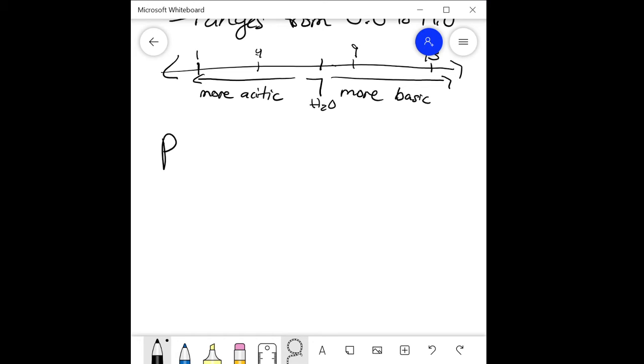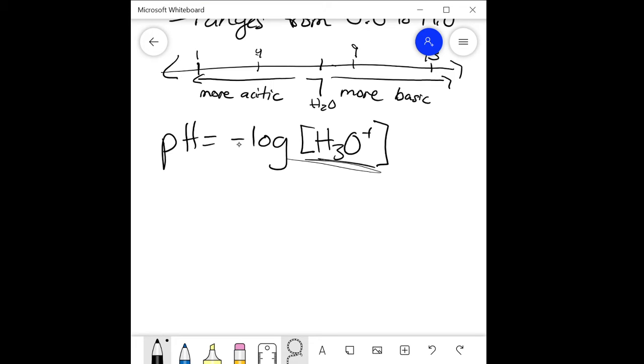First we have pH equals the negative log of the molarity of H3O plus. You take the negative log because remember this will have a negative exponent, so that way you get rid of the negative, and that's how you get pH.